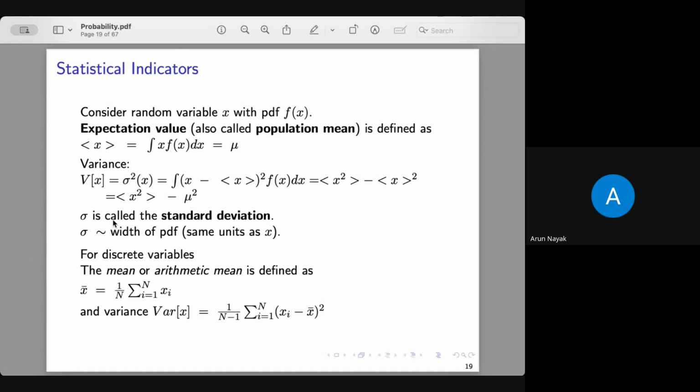In case of discrete variables, you can rewrite this as the simple arithmetic mean. For the mean, you write 1 over n times the sum of the xi. However, for the variance, you will have 1 over n minus 1 times the sum of (xi minus the mean) square.